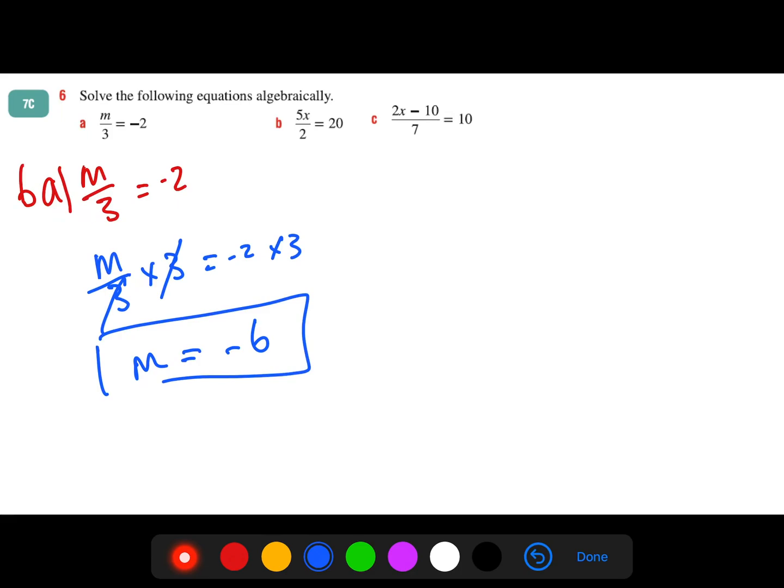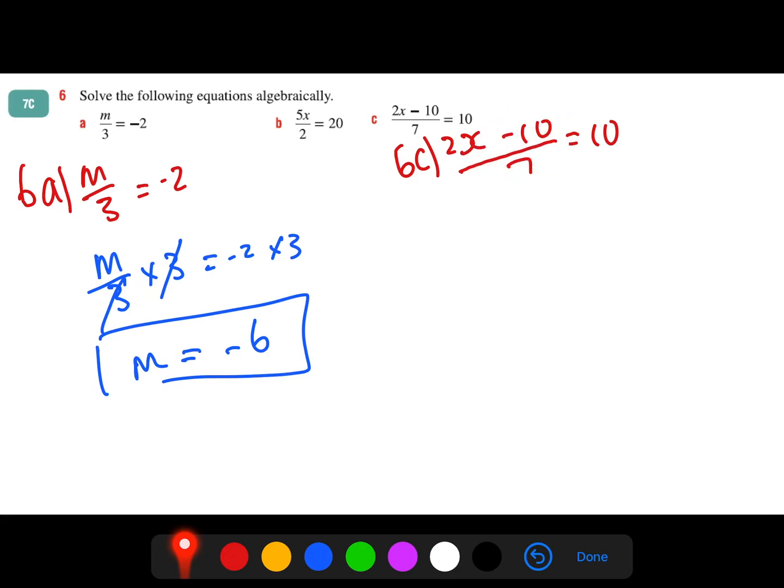I'm going to move on from 6b. I'm going to do 6c instead. So sorry, this is my equation. Now, the furthest thing away from my 2 is either the negative 10 or the 7.